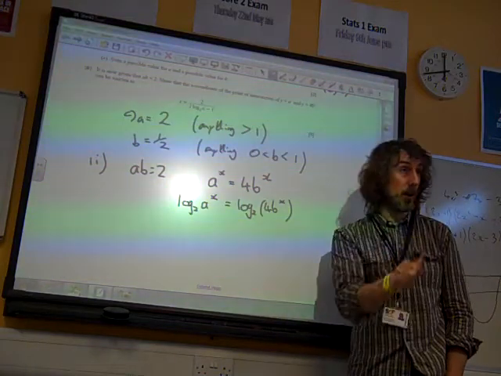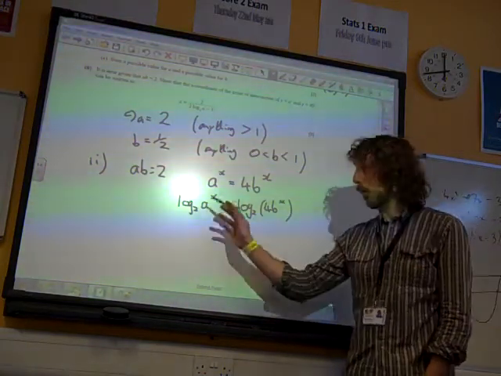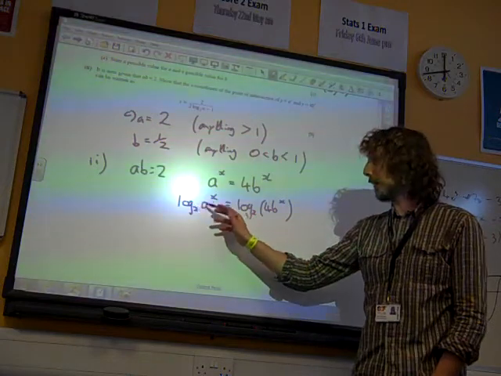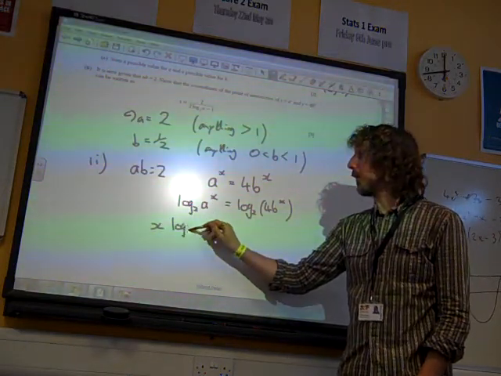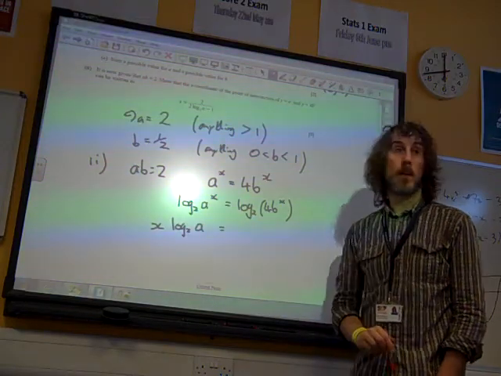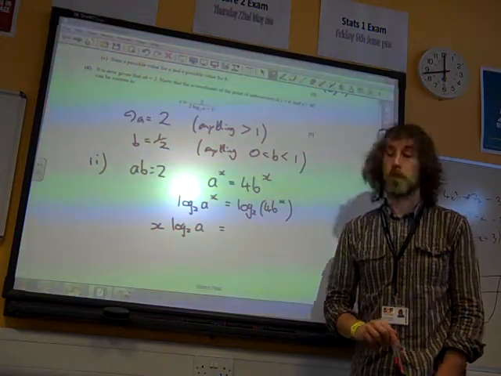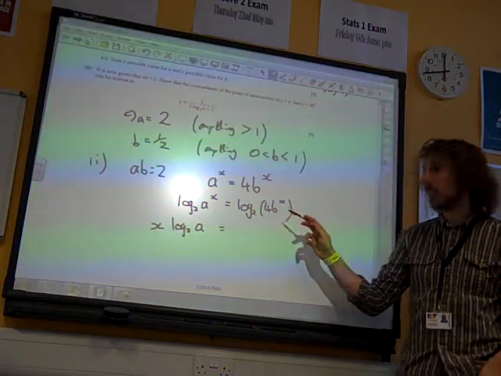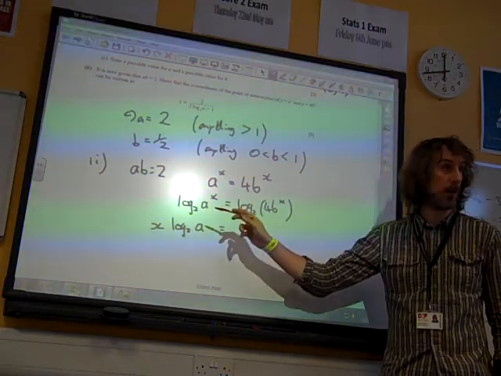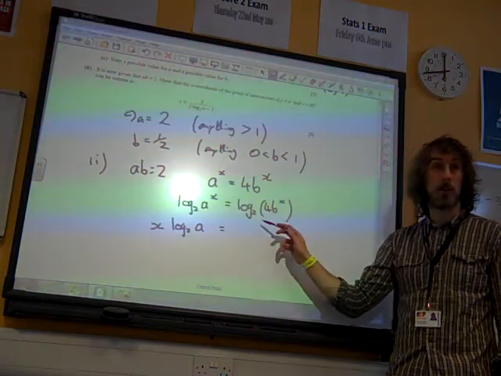And we can now use our laws of logarithms. One of the laws of logarithms says that log base 2 of a to the x comes down to the front, doesn't it? This is x log base 2 of a. That seems like a smart move. Over here we've got to be really, really careful, because this power can only come down to the front if it's the power of all of that.